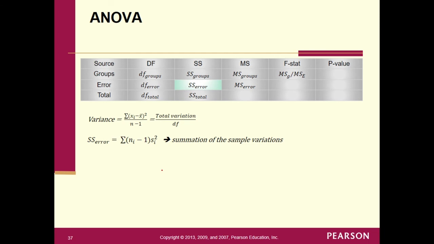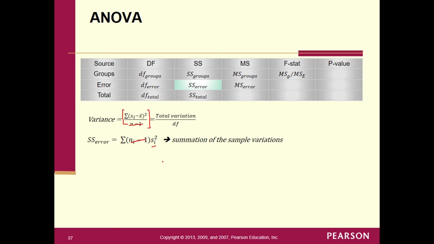Remember, this part right here is just this formula right here. Since we are multiplying by the individual n minus 1s, notice what would happen: the n minus 1s would cancel out, and all you're left with is this, for the different groups.